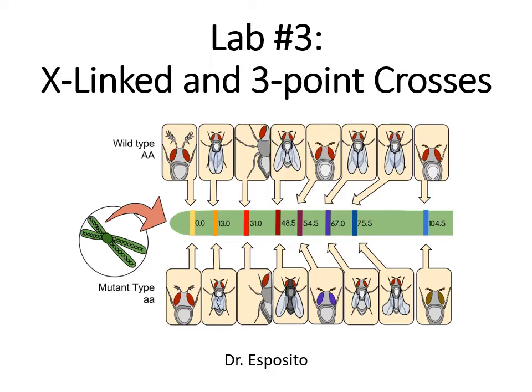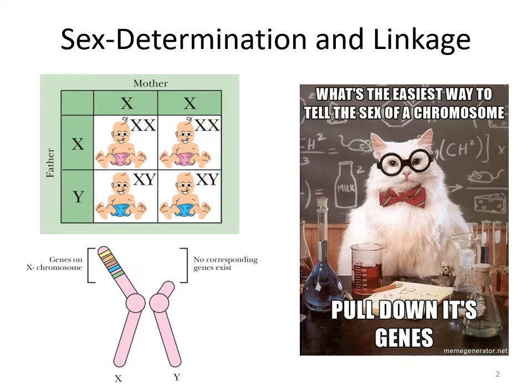But the first thing we're going to focus on are the X-linked crosses. Now, in order to understand X-linkage or X-linked crosses, first I wanted you to visualize the difference between the traditionally male and female sex chromosomes. Okay, so there are two sex chromosomes.